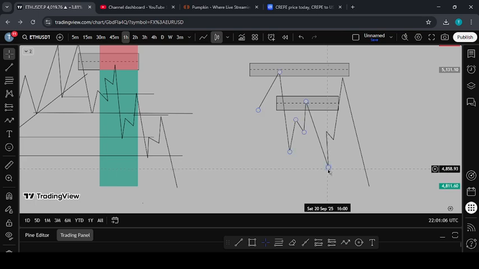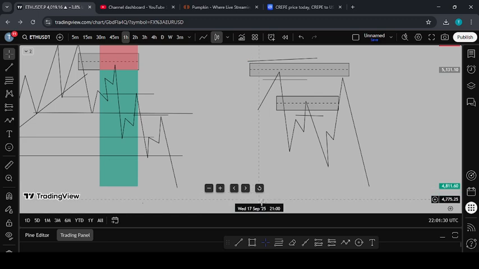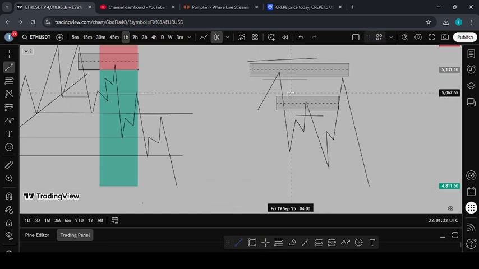So while scaling, you must make sure you understand price structure before you go. If not, you take your first entry here, and you'll be taking a second entry here. Of course, you'll be putting your stop loss above the POIs. So the first stop loss will be here for this one. Second stop loss will be here for this one, right?